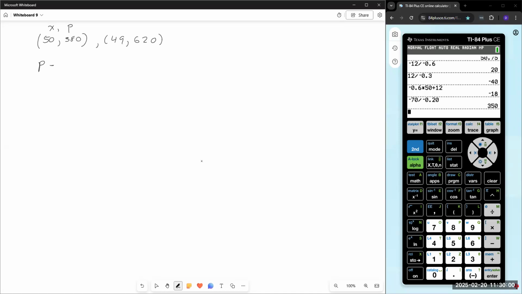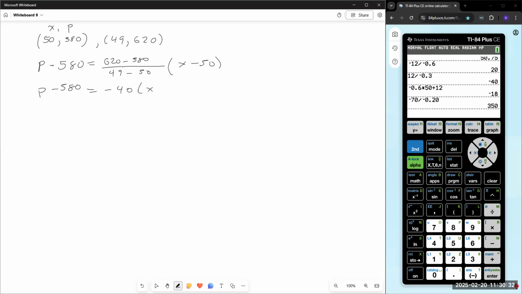So 50 and 580, so P minus 580 is equal to, and then I want y2 minus y1 over x2 minus x1 for my slope, times x minus 50. 40 divided by negative 1 is negative 40.